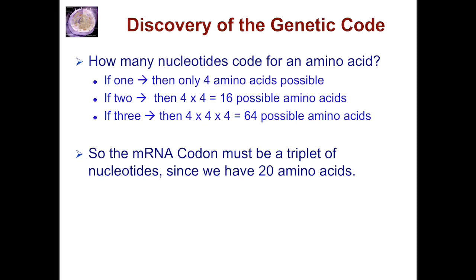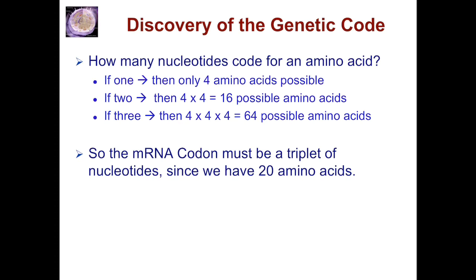Okay. So for the discovery of the genetic code, one of the things that they had to think about is how many nucleotides actually encode for each amino acid. If only one nucleotide correlated to a codon, that means there's only 4 nucleotides, so there's only 4 amino acids possible. And that is not possible since there's 20 amino acids. So what if one codon actually was made up of 2 nucleotides? Then for each of those 2 positions, you have 4 nucleotides possible.